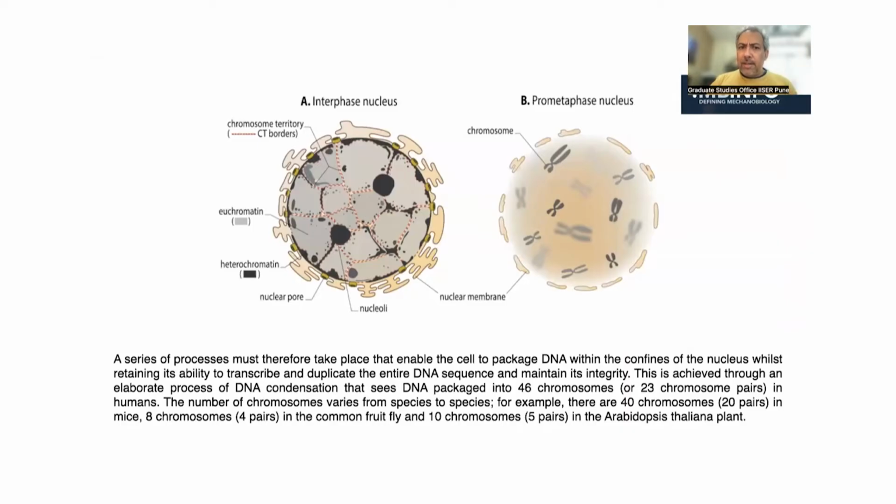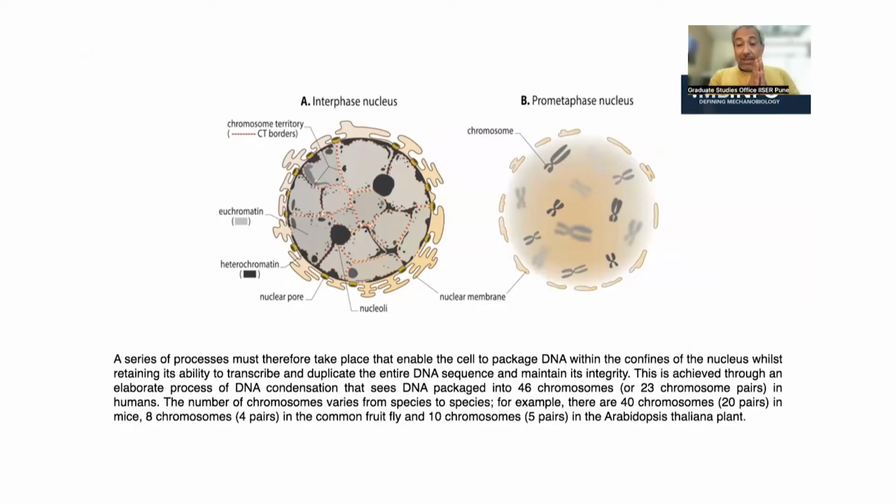We looked at this earlier where the cell has these distinct chromosome territories, and we know how this DNA is then, during the pro-metaphase stage of the cell cycle, wound up into very compact structures, which are chromosomes.